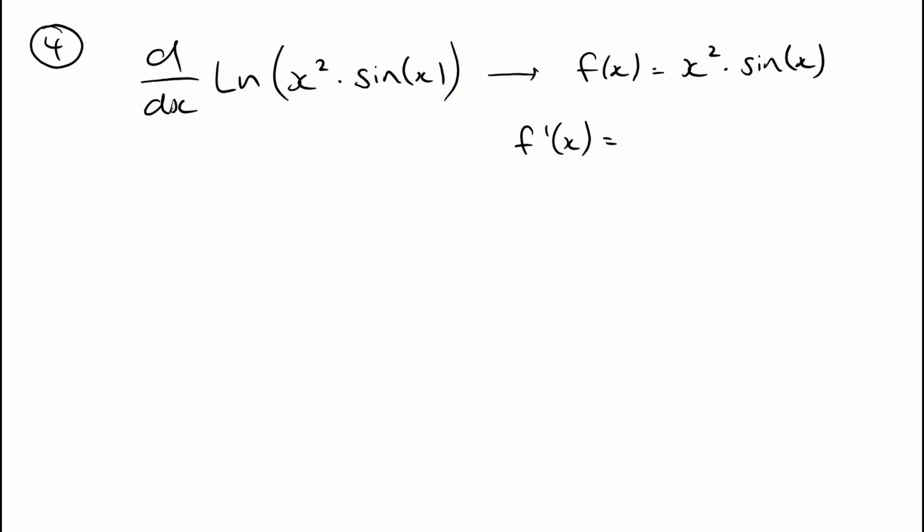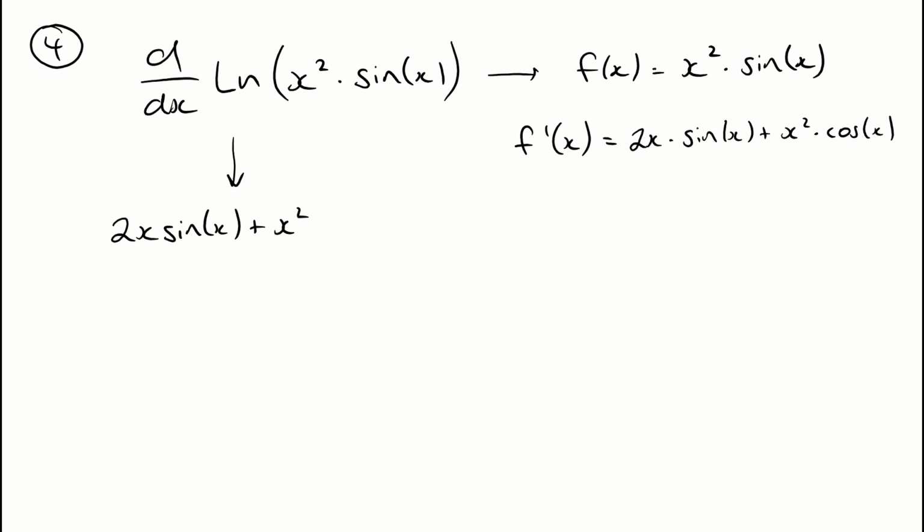So the derivative here would be my derivative of the first part, keep the second part the same, add on, keep the first part the same, multiply by the derivative of the second part. So I do my derivative, which is my 2x times sine of x, plus my x squared times my cosine of x, divided by the original function, this x squared times sine of x.